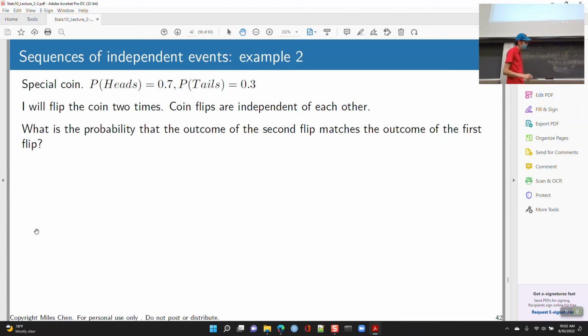That's going to be 0.3 times 0.3, or 0.3 squared. So our total probability is 0.49 plus 0.09, and you get 0.58.